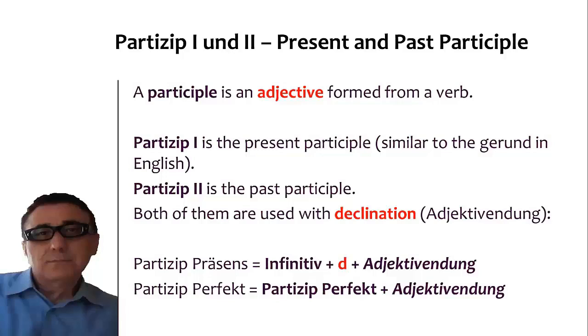In order to make Partizip I, we take the infinitive form of a verb and then add a letter D at the end of the verb and then the necessary Adjektivendung, which comes from declination. In order to make Partizip Perfekt or the Partizip II, we take the Partizip Perfekt form of the verb and then just add the necessary Adjektivendung.